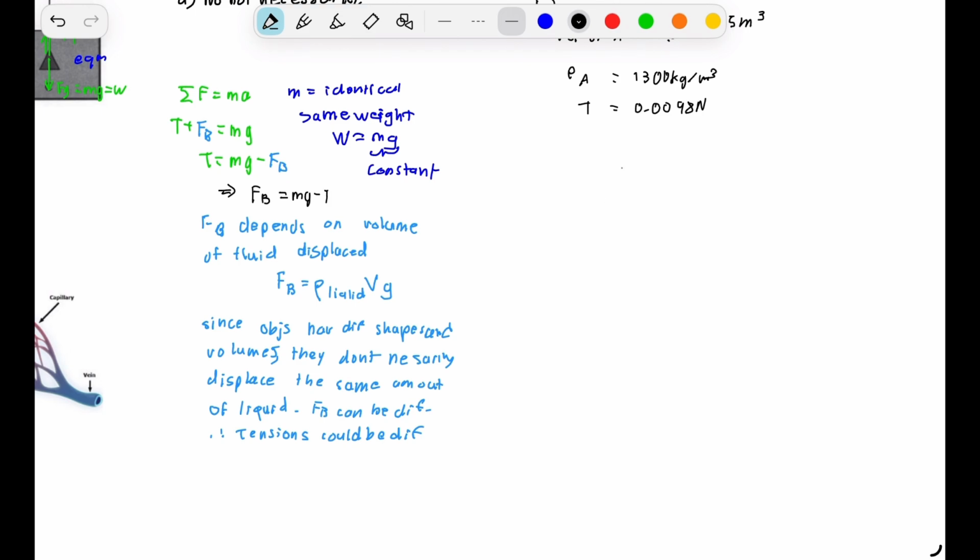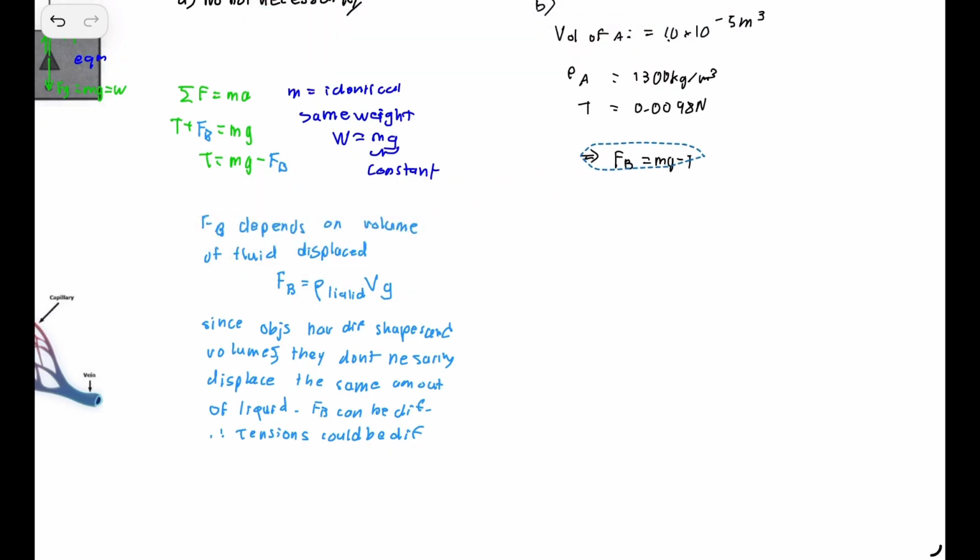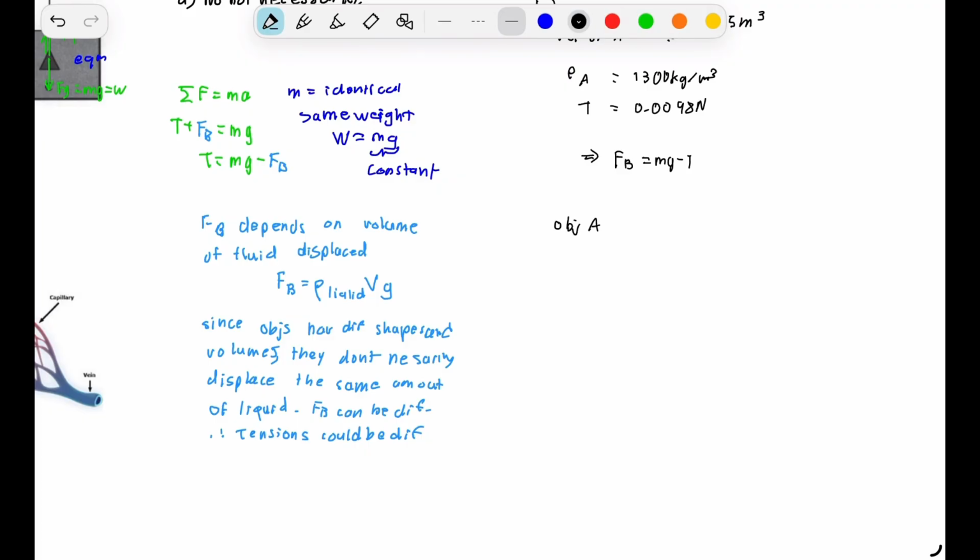First, we are going to find the mass of object A. Mass is equal to rho times V. Here, rho is 1,300 times 1.0 times 10 to the power of -5, and this is equal to 1.3 times 10 to the power of -2 kilograms.